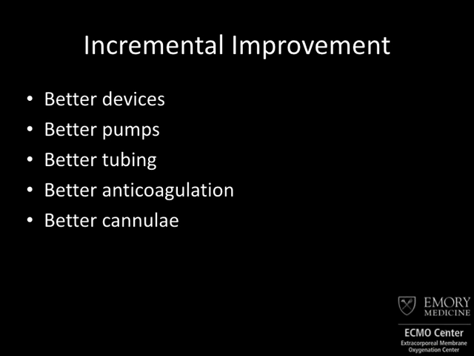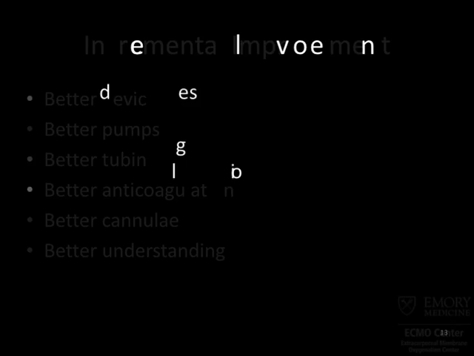We have much better anticoagulation, understanding of what we need when we're doing ECMO and how thin the blood actually needs to be. The cannulas used to be chest tubes that we would cut off and insert surgically. We now have percutaneous devices that are wire reinforced that go in very simply, reducing cannulation disasters. And finally, last but not least, we have a much better understanding of what ECMO can and cannot do and who is a good candidate and who is not a good candidate.